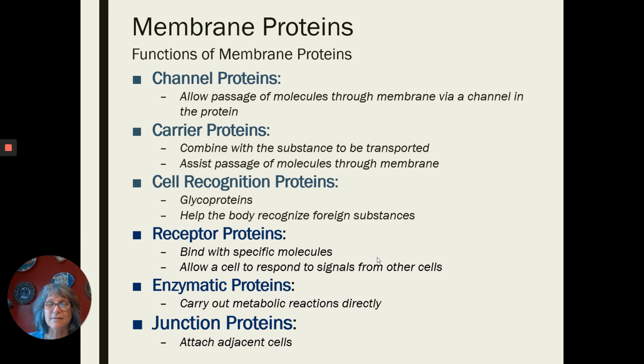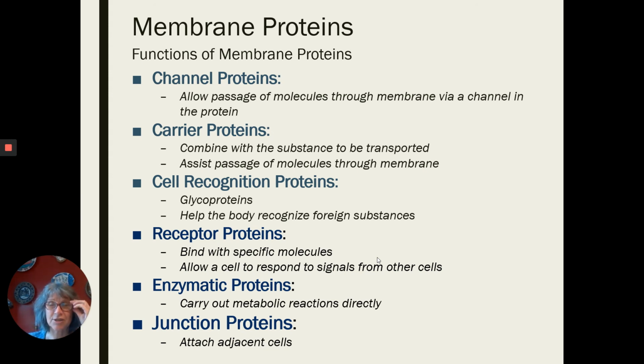There are 6 primary types of proteins that we find in our plasma membrane that have different functions. The first are channel proteins. These basically act like a doorway through the membrane to allow molecules to pass in and out. The molecules that are going to use these channels are things that are too big to squeeze in between the phospholipids, or molecules that have polarity.